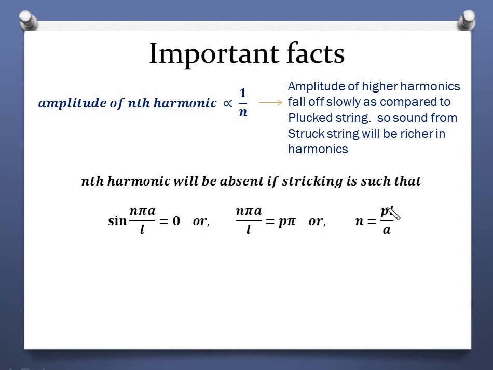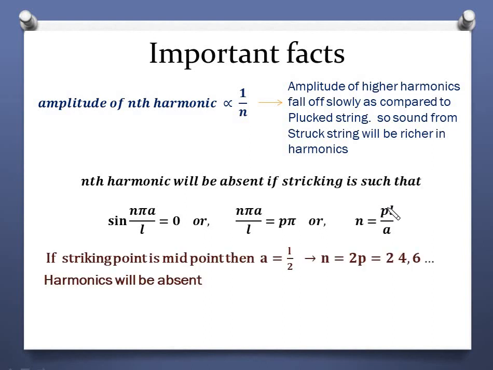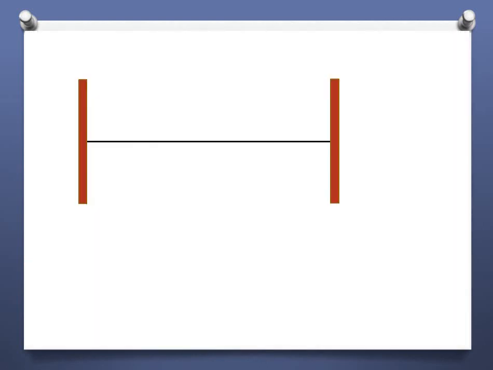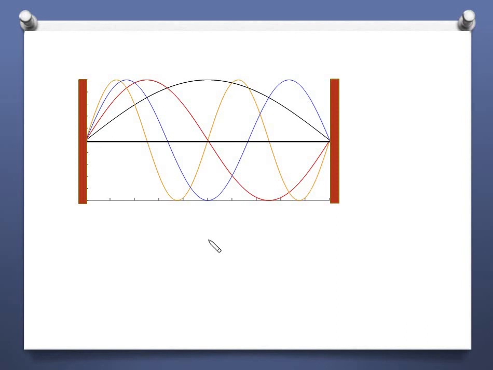Okay, so suppose your striking point is the midpoint, that is a equals L by 2, then n will be 2p. It is 2, 4, 6 and so on. So all the even harmonics will be absent. Let's try to understand from this point. This is your string and these are the representations of various modes.